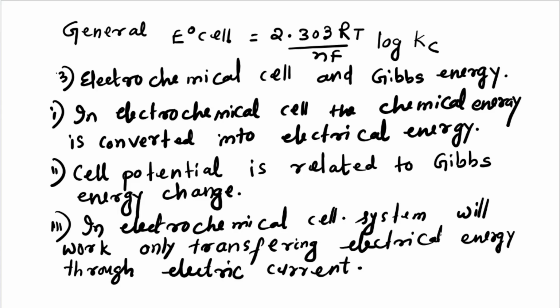What is electric energy? It is in the form of electric current. Otherwise, you can't calculate how the electric current passes and how the system works. The system only works in an electrochemical cell when electrical energy is transferred in the form of electric current.